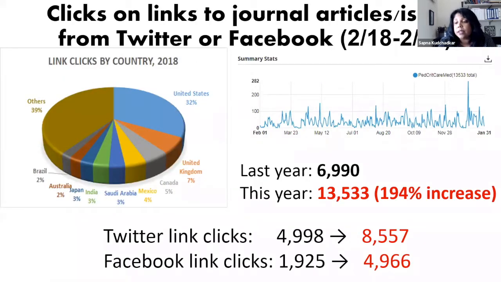Why is that important? Well, we have started to go beyond the walls of North America and Europe, and we're starting to capture readers from across the world that we never were before. The number of social media clicks has gone up significantly, and we're capturing a number of countries that traditionally would not have had access to the materials when we were just disseminating it via print and online.